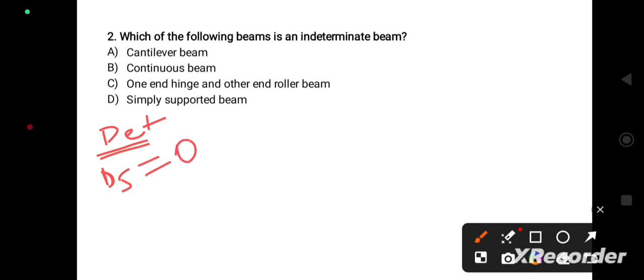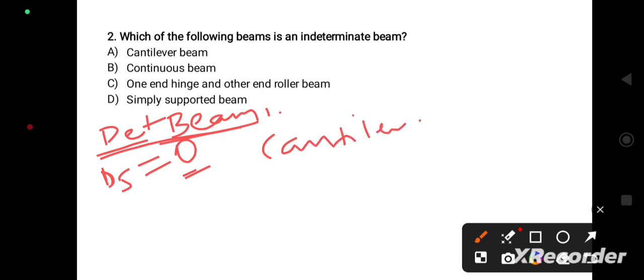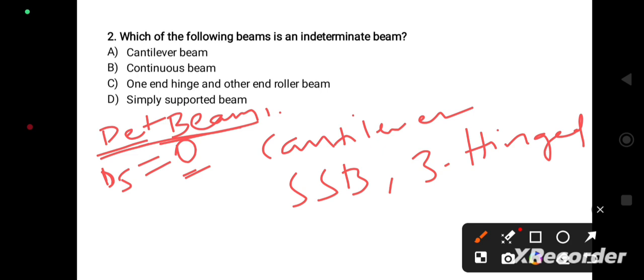Those are cantilever beams, simply supported beams and 3 hinged arches, total 3. C is for cantilever, simple supported beam and 3 hinged arches.